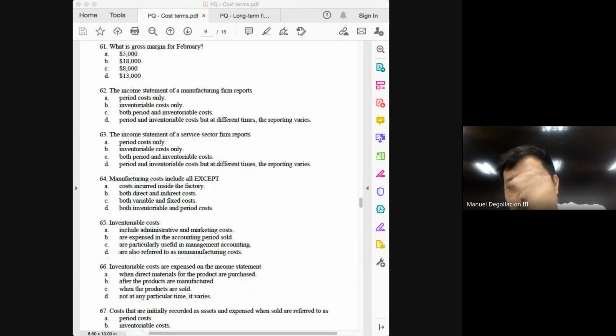Number 62, the income statement of a manufacturing firm reports period cost only, no. Inventoriable cost only, no. Definitely, it will report both period and inventoriable cost.